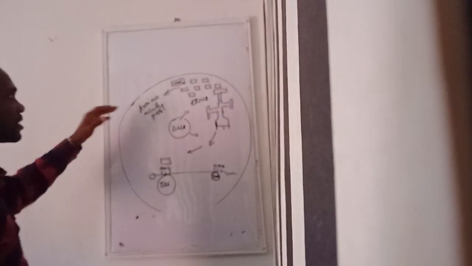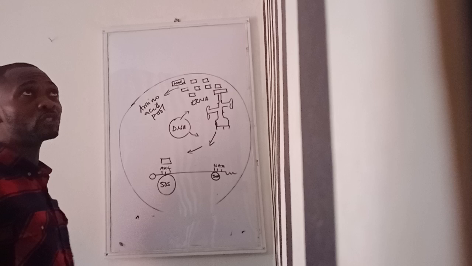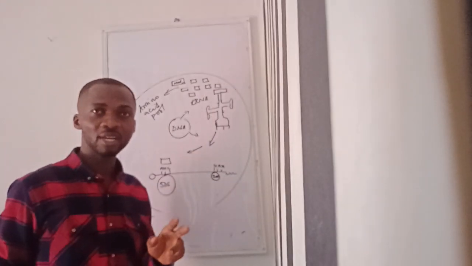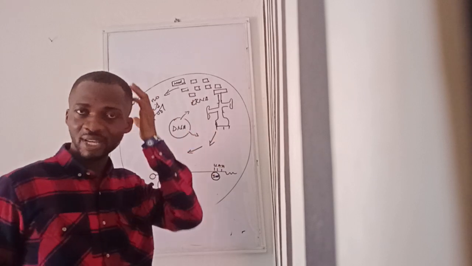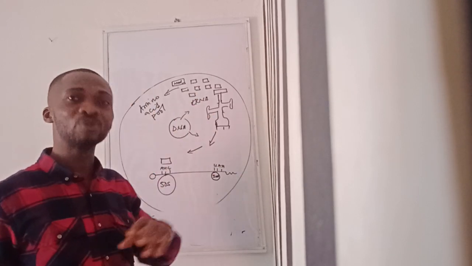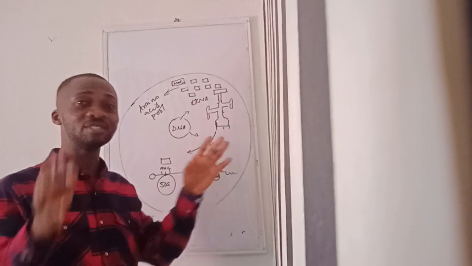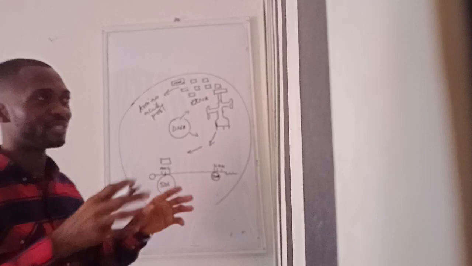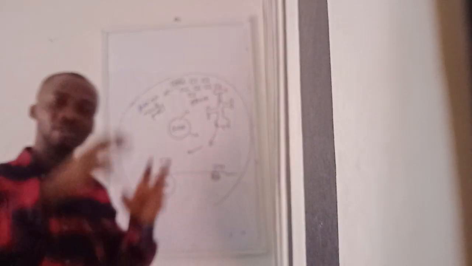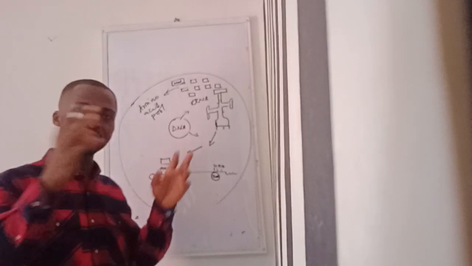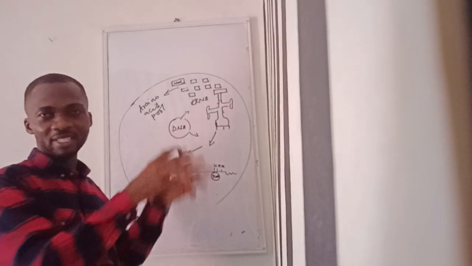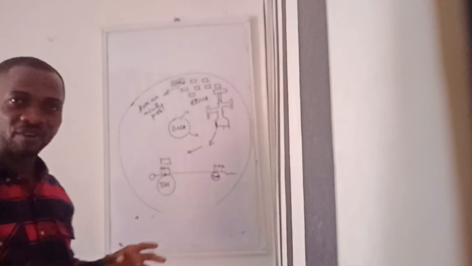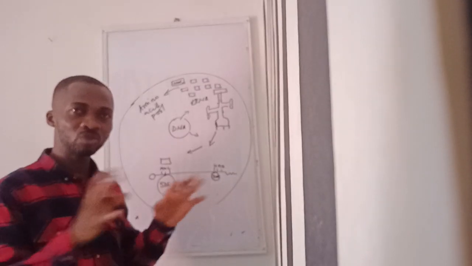There are three different stages in the process of protein synthesis. I mentioned two steps, transcription and translation, and transcription has three stages, and translation also has three stages. In transcription, the enzyme RNA polymerase unwinds the double helix of the DNA at the promoter site to synthesize the transfer RNA or the messenger RNA, but I wouldn't want to go into that.